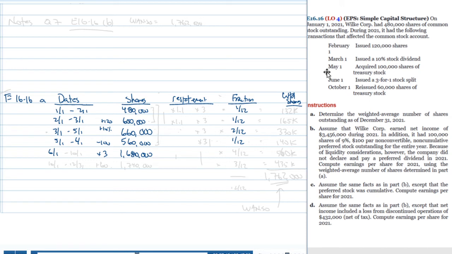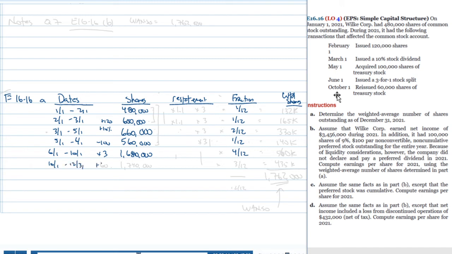So all of the shares that were outstanding are now triple what they were, each is a third of what it used to be, so there are 3 times more. So there's a 3-for-1 stock split. And that goes until October 1st. So June, July, August, September, 4/12. And then on October 1st, we reissued the treasury shares, and that goes to 12/31.